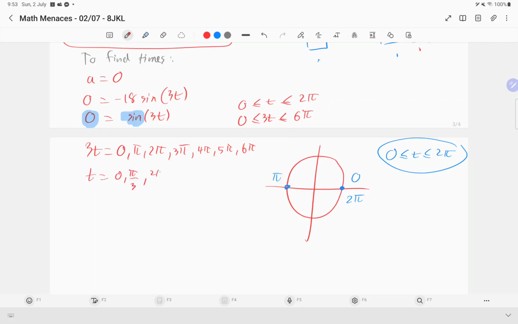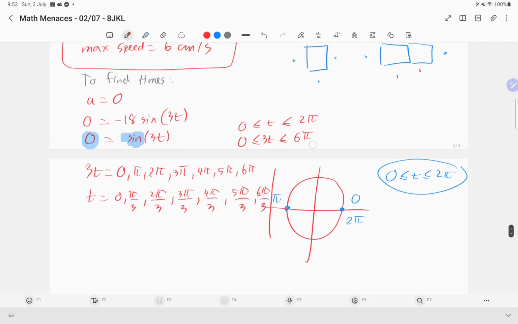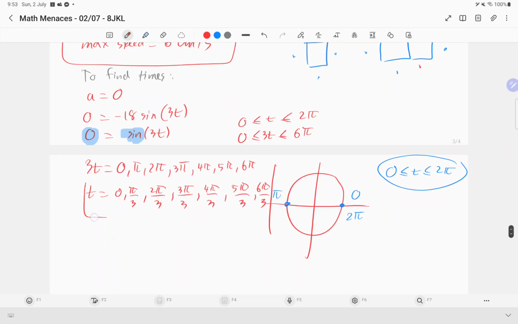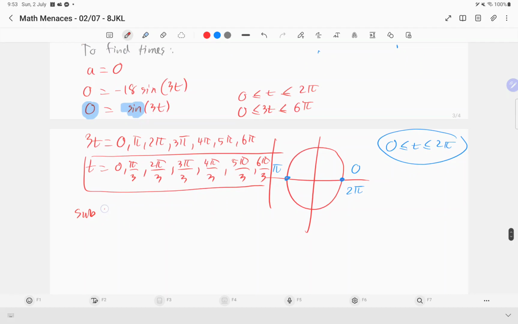And then for the position, you need to substitute these values in. When you substitute these values in, there is something I want to mention here. Big brain move is to not substitute the t value. These are the times, and to find the position you sub t into the x, which is x equals 3 plus 2 sine 3t.